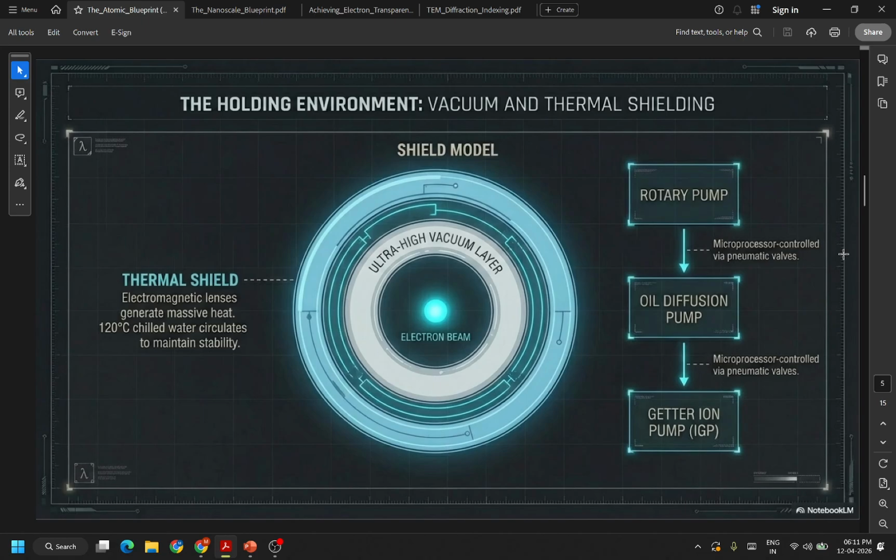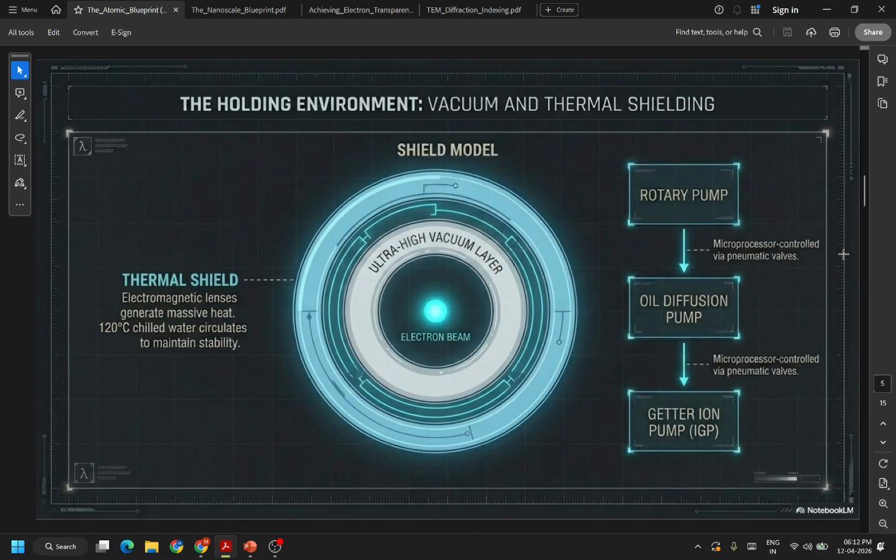And then inside the column we have ultra high vacuum. The ultra high vacuum generation requires three different pumps. First is your rotary pump, which will bring the vacuum from ambient pressure down to about 10^-3 torr or 10^-3 millibars.